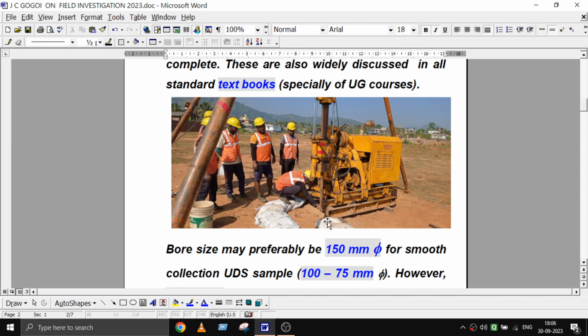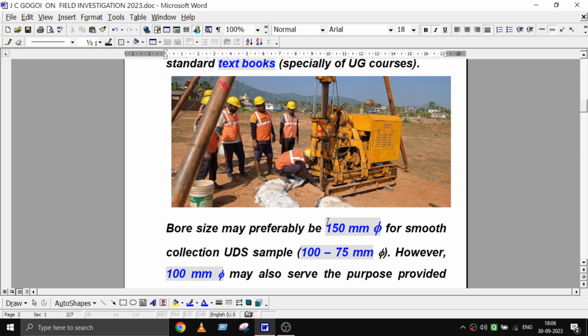Some amount of time is required to allow it to attain the normal state. After that, a few turns will be rotated, say 5 to 6 rotations, with gentle pressure, to detach the sampler with the soil from the ground.